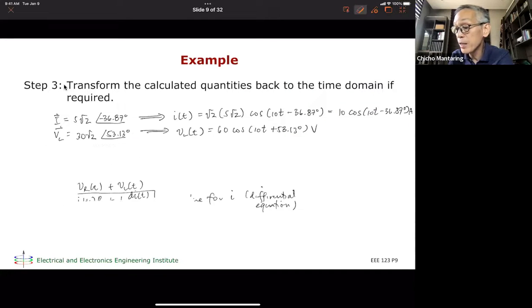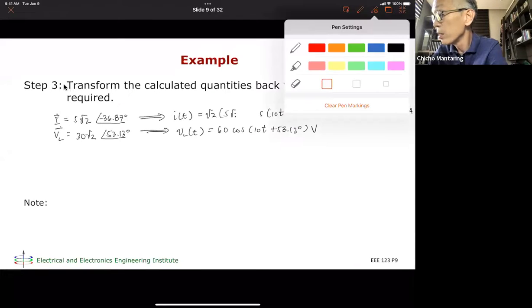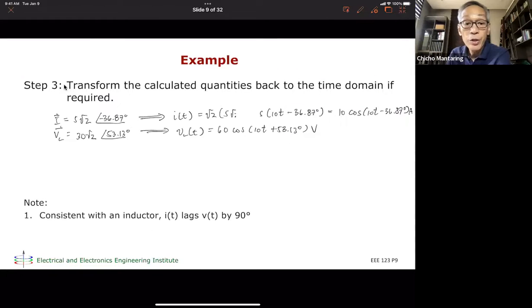Okay, just some things that I wanted to point out. So this is consistent with an inductor. In an inductor, this is my current.